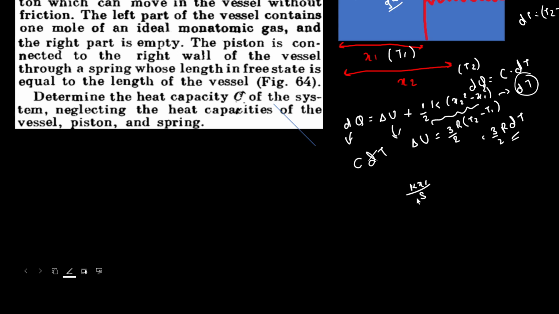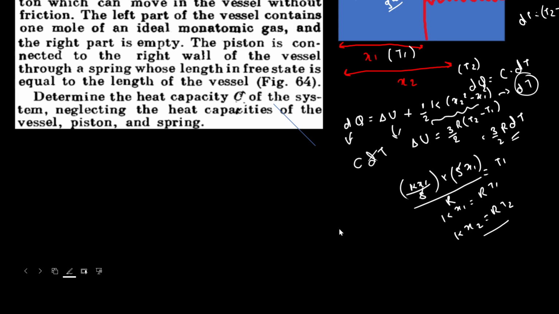Let's assume the area of cross section of the piston to be S. Pressure into volume, where volume is S into x1, equals nRT. n is 1 again, so it is R into T1. So S gets cancelled. Kx1 squared is equal to RT1. Similarly, we can write kx2 squared equals RT2. Sorry, it's kx1 square and kx2 square.